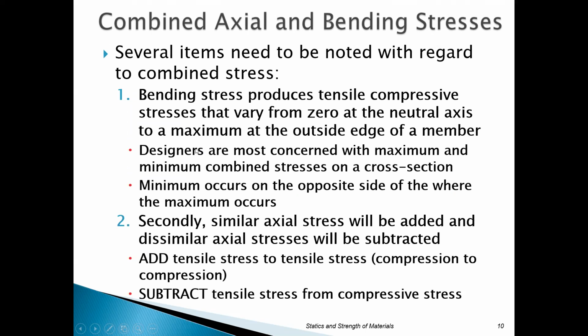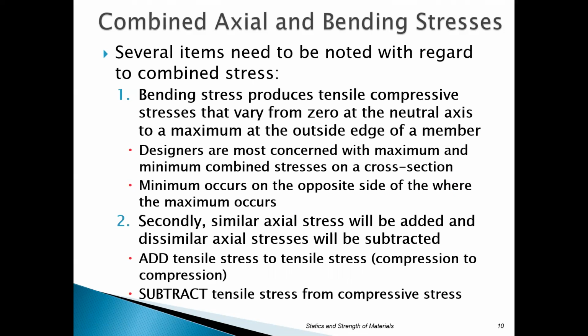So you definitely, as a designer, are looking at maximum conditions, but they also talk about minimum. In a combined stress, your minimum occurs at the opposite side from where the maximum occurs. So it doesn't necessarily mean it's a smaller value, it just means it's opposite. Secondly, the axial stress is going to be added similarly.